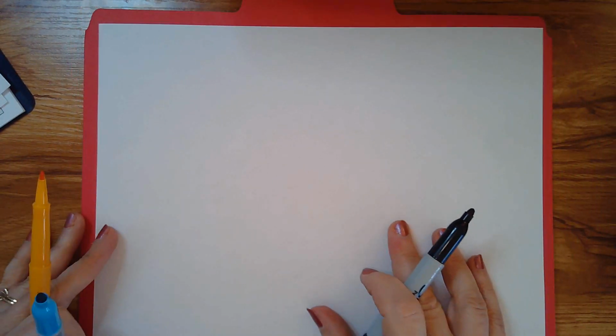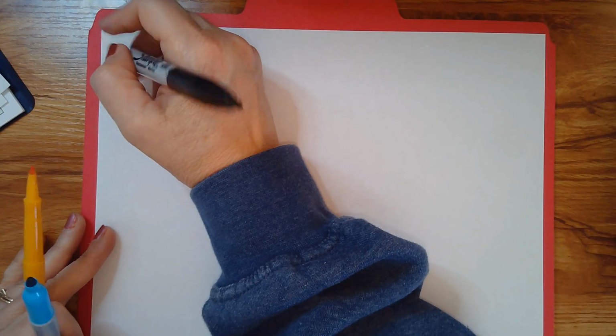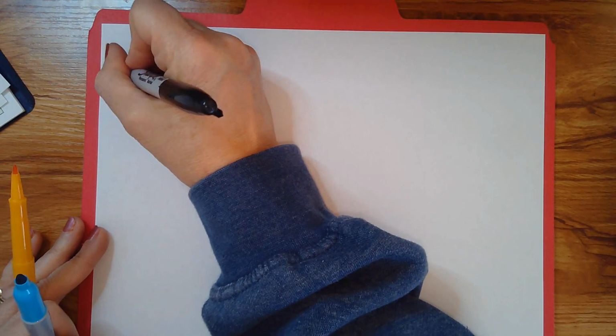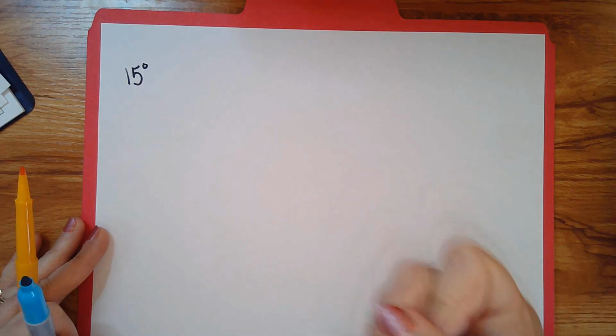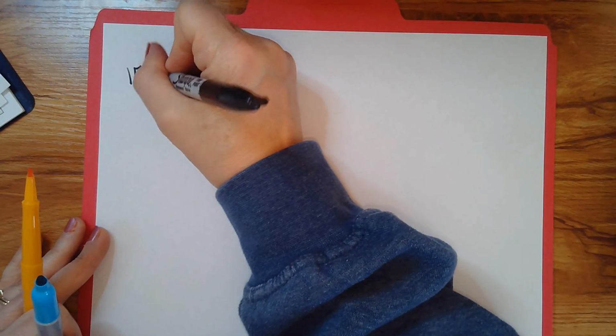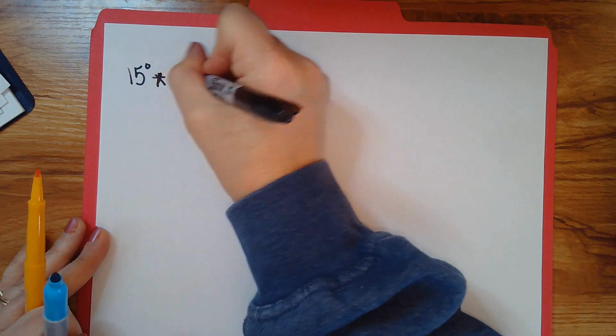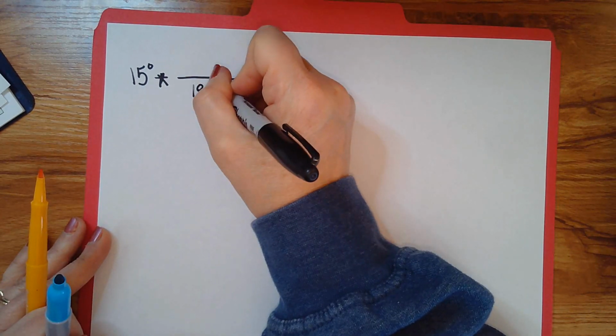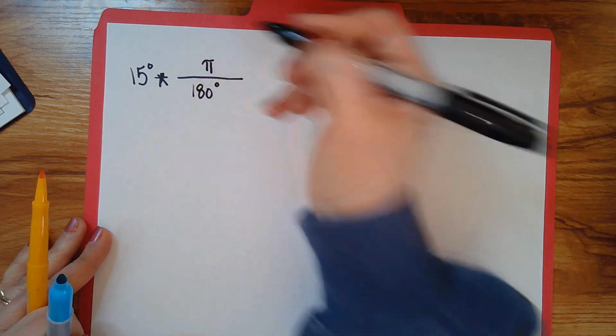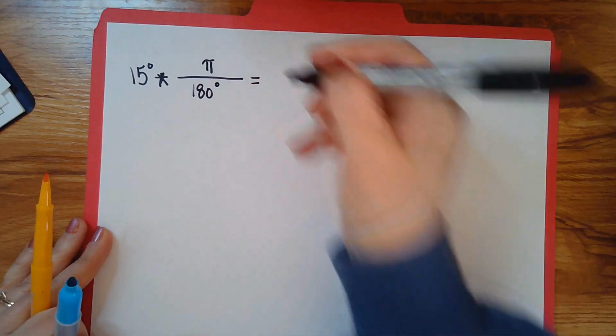And the reason that it's harder is simply because we probably can't just visualize it in our head like we could with 45 degrees. So let's do, for instance, 15 degrees. What is that in terms of radians? Well, I'm going to do 180 degrees is the same thing as pi radians.